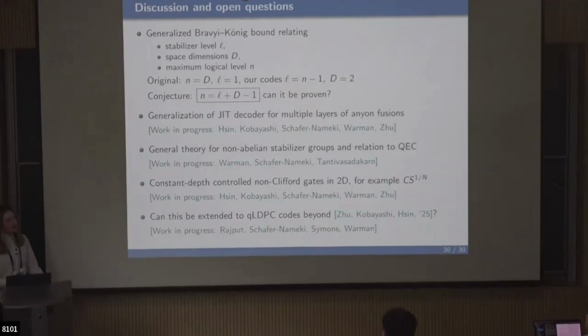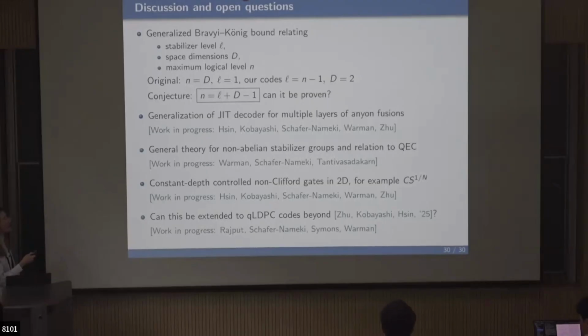So let's now come to some open questions. As we've already discussed, one nice question is related to the Bravyi-Kitaev bound, because the original Bravyi-König bound said that the level n of the logical gate is equal to the number of space dimensions d when the level of the stabilizers is 1.